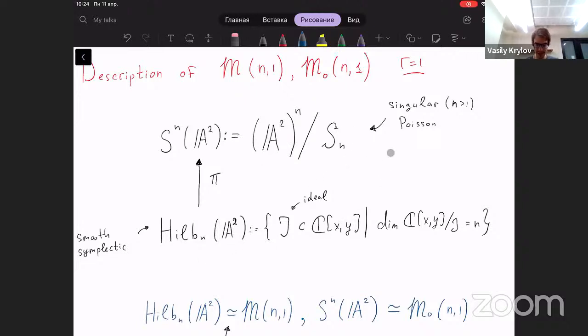This variety is singular when n is greater than 1, and Poisson. And actually, this variety has a symplectic resolution, which is the so-called Hilbert scheme of n points on A2. The definition is the following. This is the space of ideals inside C of xy such that the dimension of the quotient is equal to n. And this variety is already smooth and symplectic.